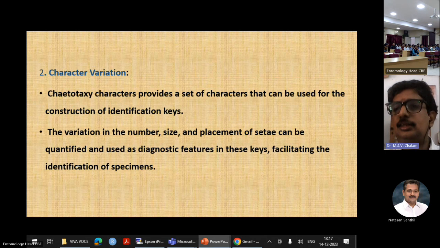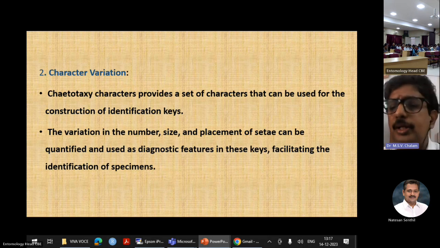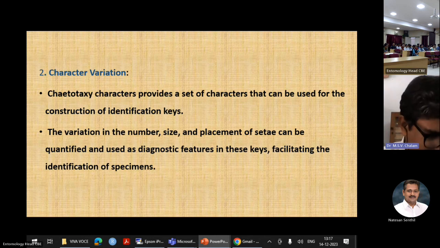The studies of Chaetotaxy are also useful for character variation. You can construct an identification key. Probably in your MSc or PhD, you must have studied different types of keys. We use simple bracket keys or simple non-bracket keys.